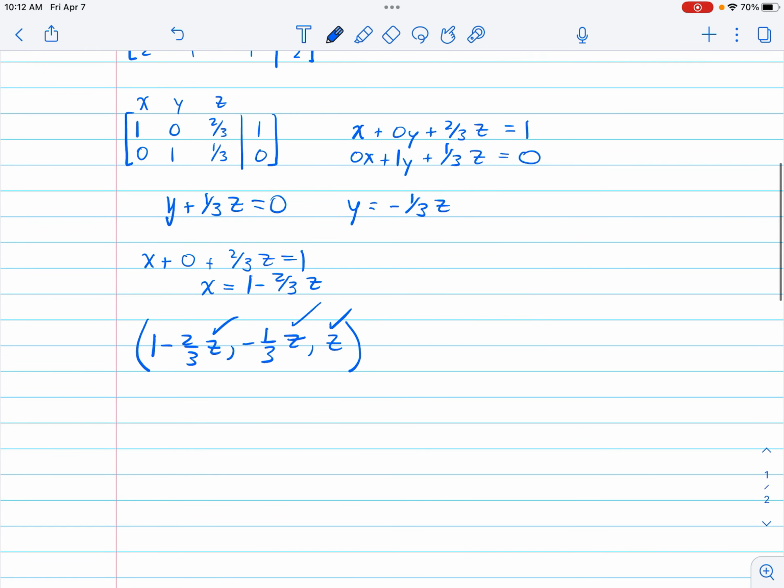Now, sometimes they'll say, okay, this is 1 minus 2/3 a, negative 1/3 a, and a. Sometimes you'll see a textbook doing that. You give me an a, and I'll give you the corresponding x and the y. Or in other words, you give me the z coordinate, and I'll tell you the corresponding x and y. Because notice that each one of these is in terms of z.